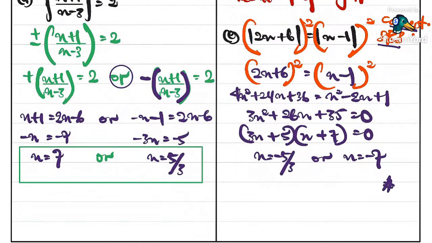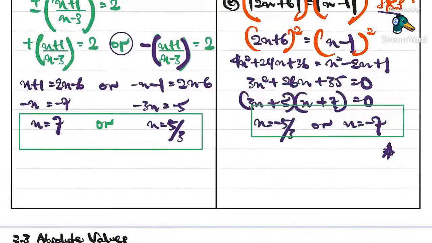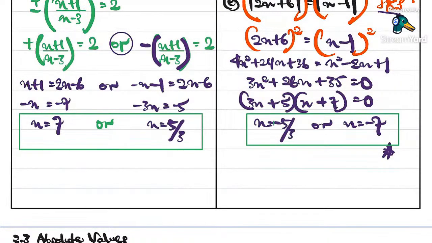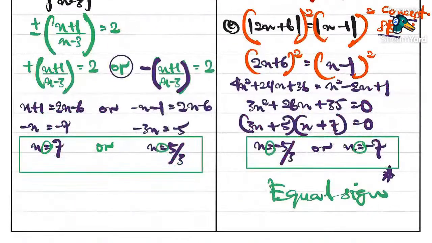So here goes, you got two kind of answer. Again, both of them are in equal sign. Okay, guys? Everything here is in equal sign. Can you see that? All of here are equal sign. Sebab apa? Sebab problem kita adalah dalam bentuk equal. Equal means equation.